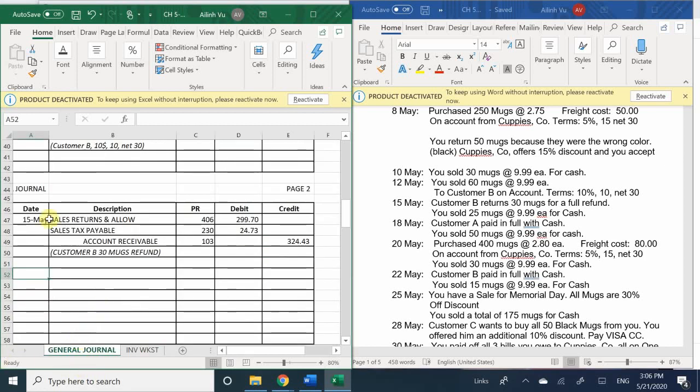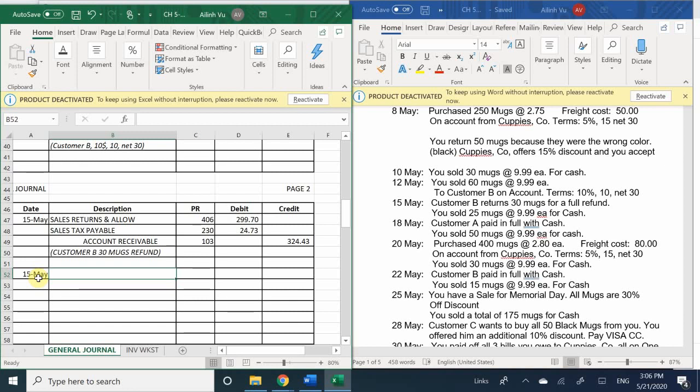All right. So what happened next? Okay, we made another sale for cash. On the same date? 18 May. No, 15 May. The same day, 15. And what did we receive?